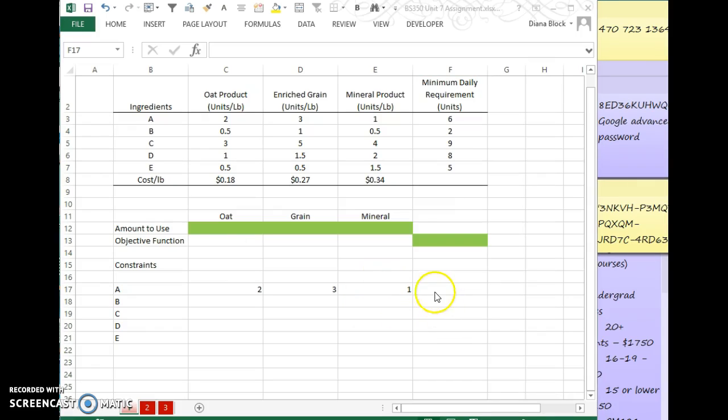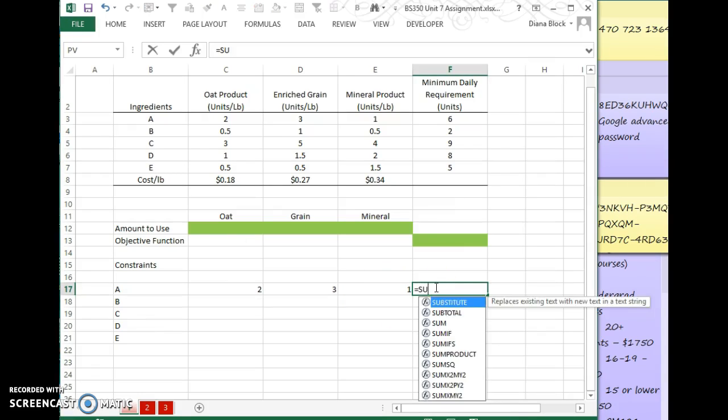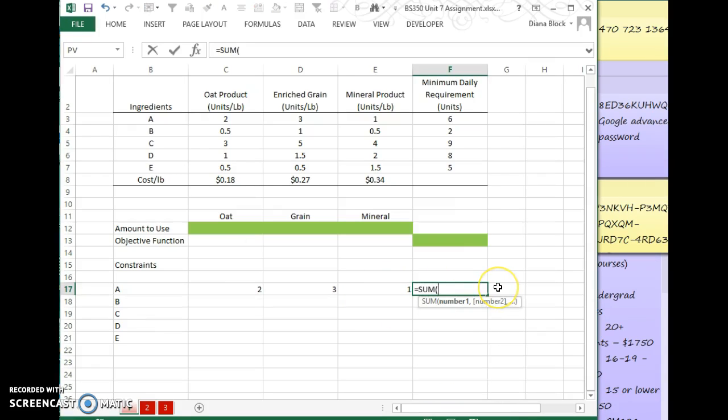So this is a sum product. This is a similar format. So you'll use the sum product here. And you're going to take in your sum product the amounts that you're going to use of the oats, grain, or minerals times the amount of nutrient A that's in each one of those.